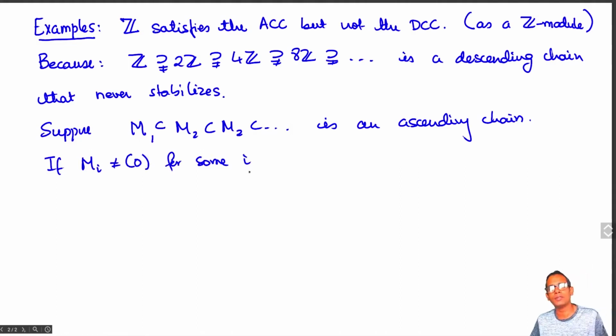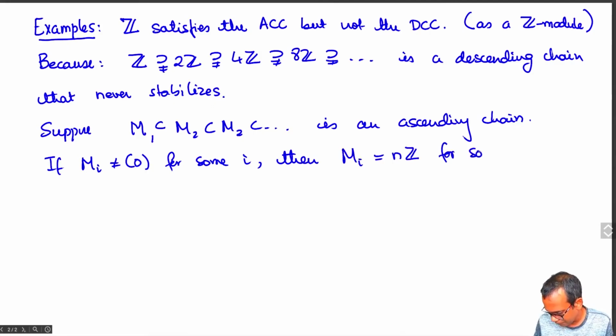If Mi is zero for all i, then there's nothing to prove, because then it stabilizes right from the first stage. So if Mi is non-zero for some i, then Mi is actually of the form nZ for some n greater than or equal to 1. Mi is going to be of this form because this is what all subgroups of Z and therefore all Z submodules of Z look like.